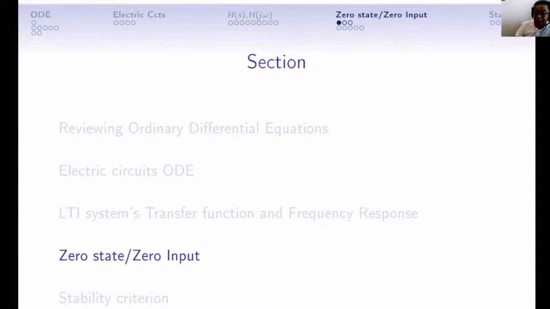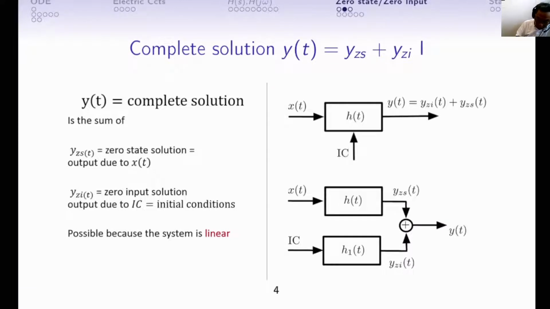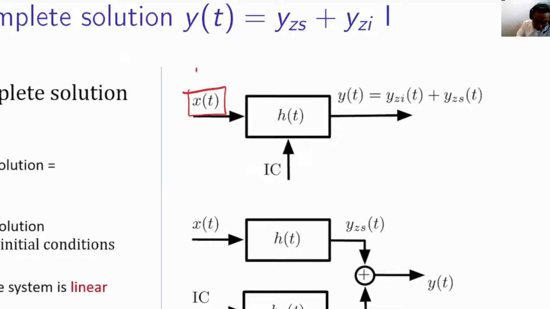We are now in part 4b, section 4, and now we'll discuss what is a zero state, zero input computation of the output. Let's look at this figure. In this figure, we have the input x of t.